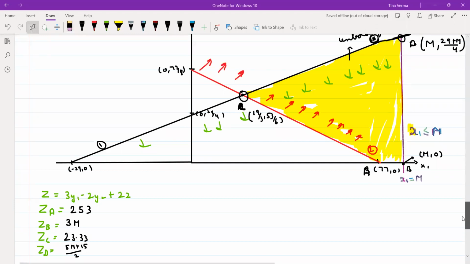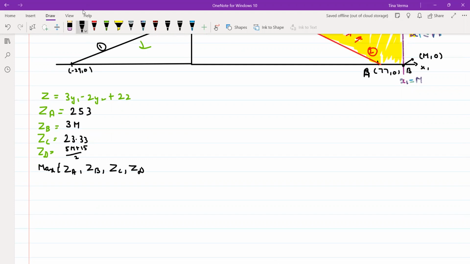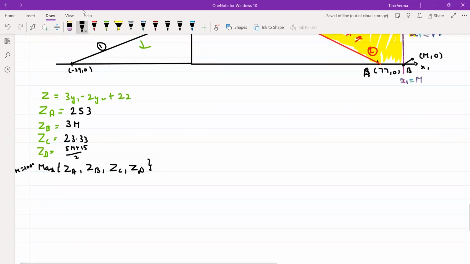Now the task comes for the objective function. If my objective function is maximization, we have to find the maximum value among ZA, ZB, ZC and ZD. Because we have added m, and m is very large, if I take m as 1000, the values are 253, 3000, and 5015 divided by 2.